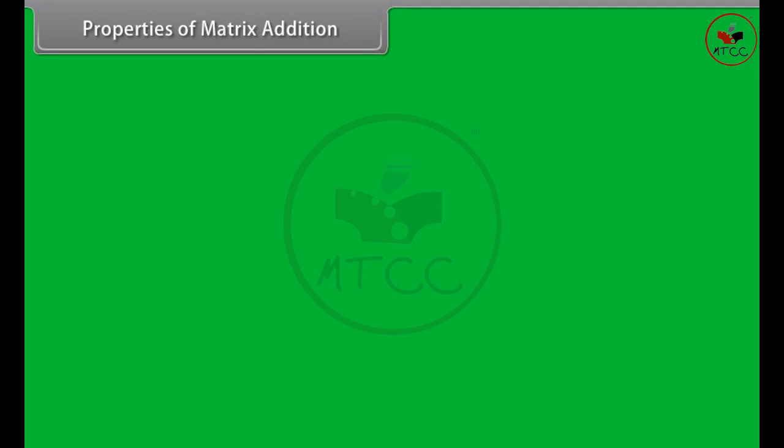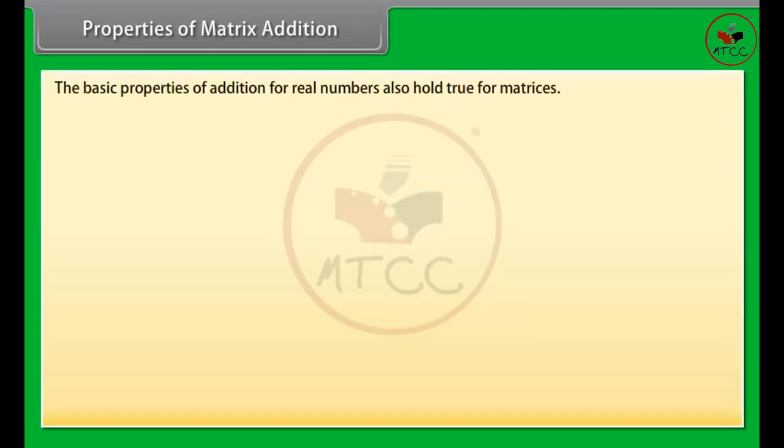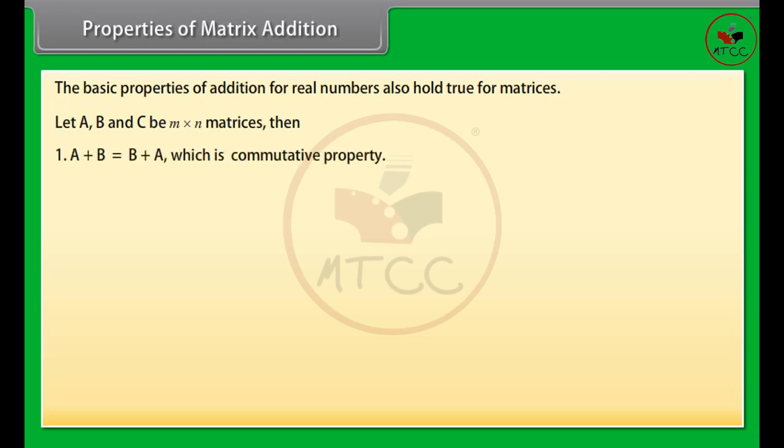Properties of matrix addition. The basic properties of addition for real numbers also hold true for matrices. Let A, B and C be m by n matrices, then A plus B is equal to B plus A, which is the commutative property. Associative property, A plus B plus C is equal to A plus B plus C. Additive identity.